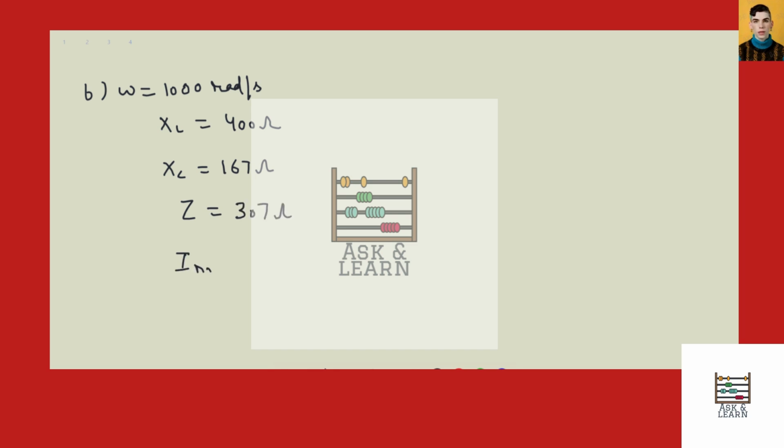IRMS equals VRMS over Z, which equals 21.2 over 307 ohm, giving 0.0691 ampere.